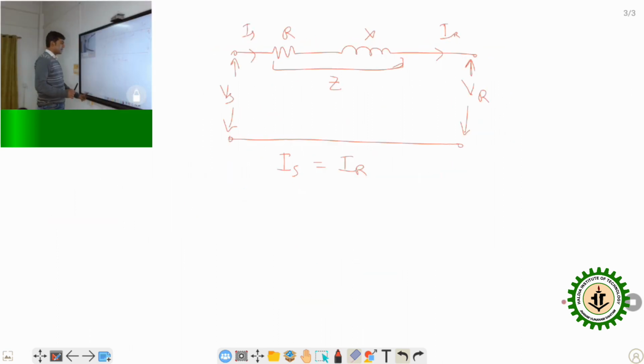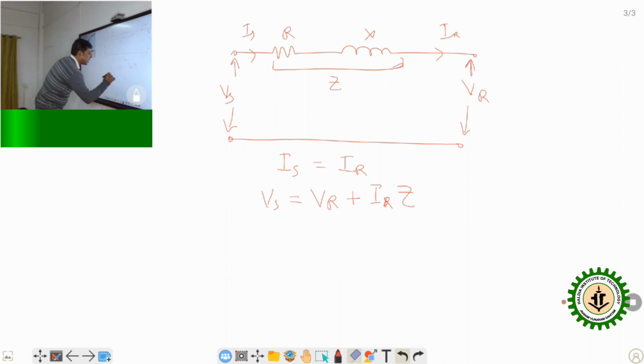And another expression you can write: Vs equal to VR plus IR Z. Now you see the coefficients, comparing with Vs equal to A VR plus B IR.